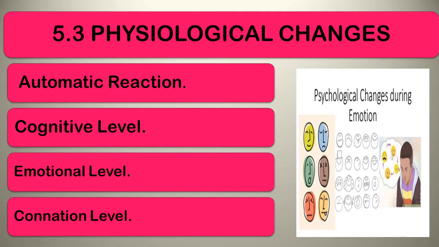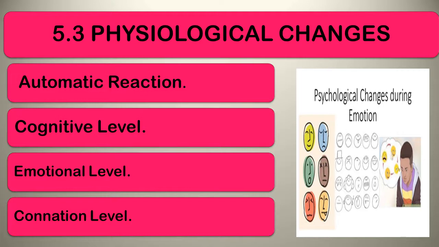According to David G. Myers, human emotion involves physiological arousal, expressive behavior, and conscious experience. So, human emotion is a combination of three things: the physiological arousal, expressive behavior, and the conscious experience.